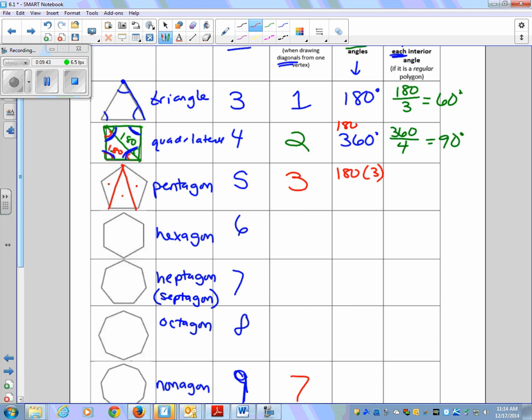Here, I should add this here. 180 times 2 triangles. Here, it's 180 times the 3 triangles. And that gets you 540. So to get each angle measure, what are we going to do? 540 divided by 5 sides this time, and each angle is 108 degrees.